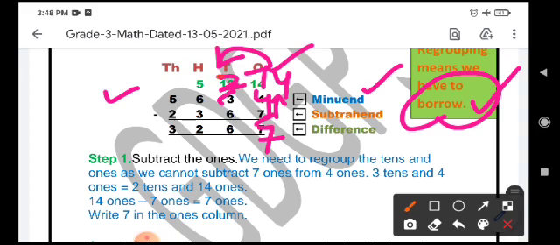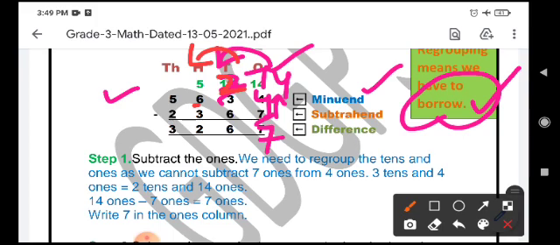Now we are having 2 here and 6 below. Is it possible to take 6 from 2? No, it is not. 6 is greater than 2. 2 is smaller than 6. So we have to regroup tens and hundreds now. We will go to the next door and get 10 more. There we are having 6 tens.